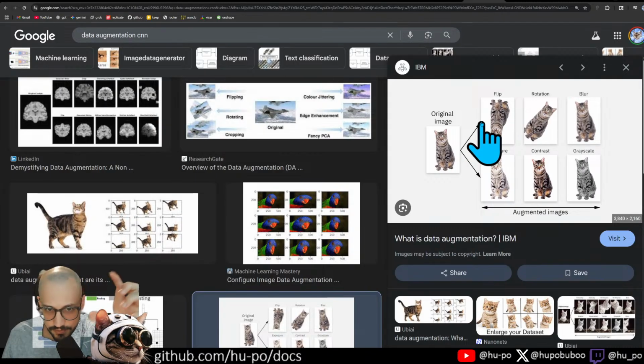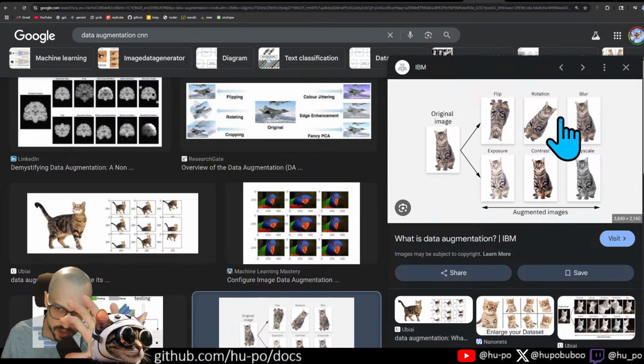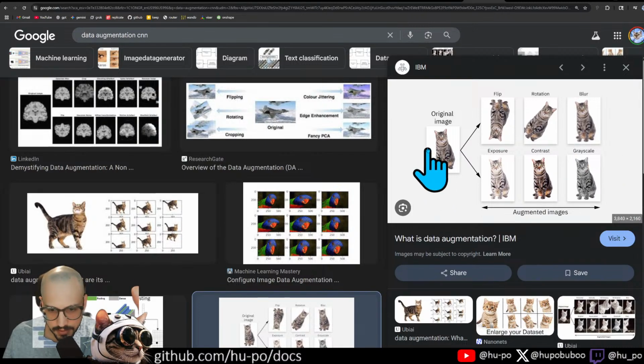And from the point of classification, it's still a cat image. Even if you flip it upside down, it's still a cat image. Even if you blur it, it's still a cat image. Even if you increase the contrast or change the exposure, it's still a cat image, right? So these are all transformations of the input data that still have the same label.